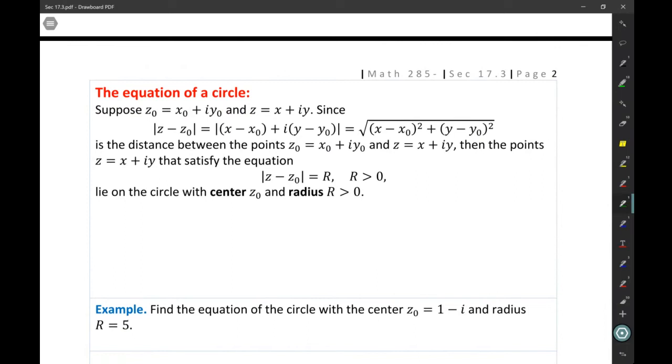In case we have the complex number z naught equal x naught plus i times y naught, and z equal x plus iy, now when we take the distance between z and z naught, it is the modulus, which according to the distance function is equal to the square root of (x minus x naught) squared plus (y minus y naught) squared, which is the distance between z naught and z.